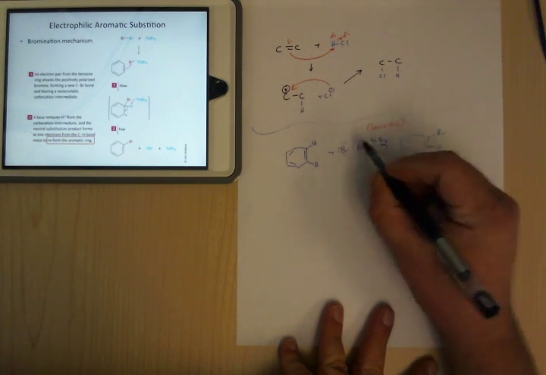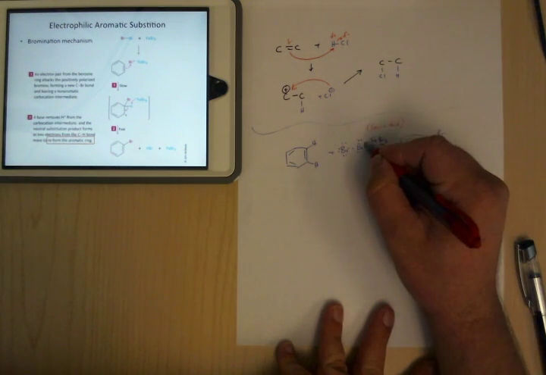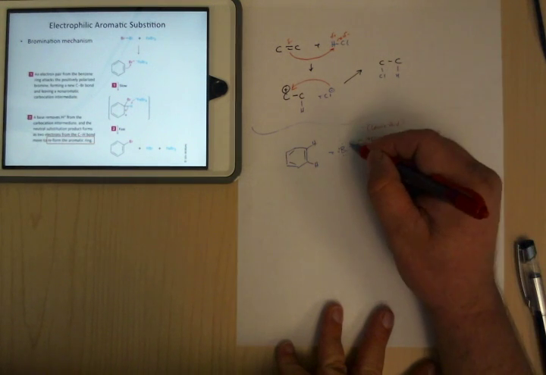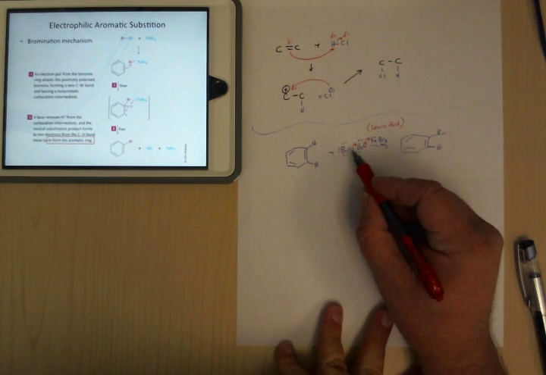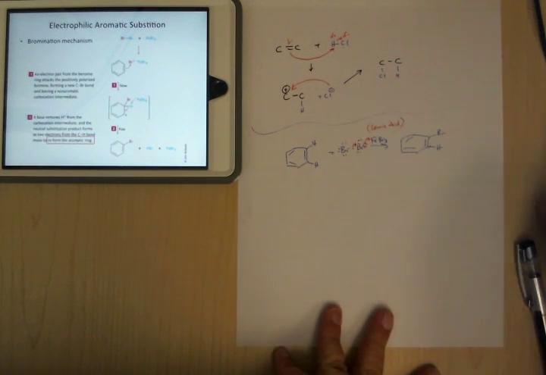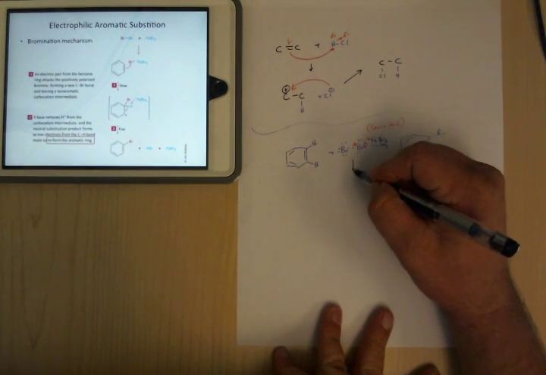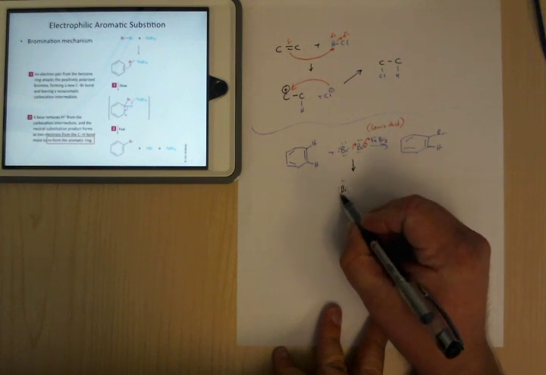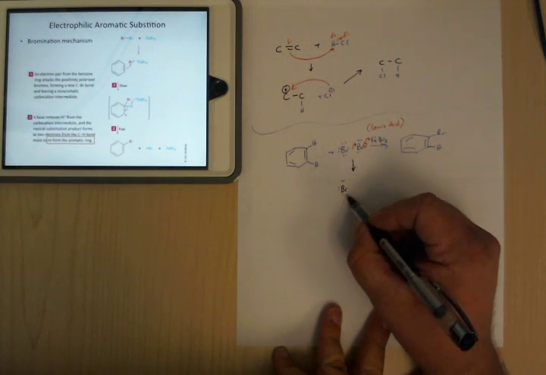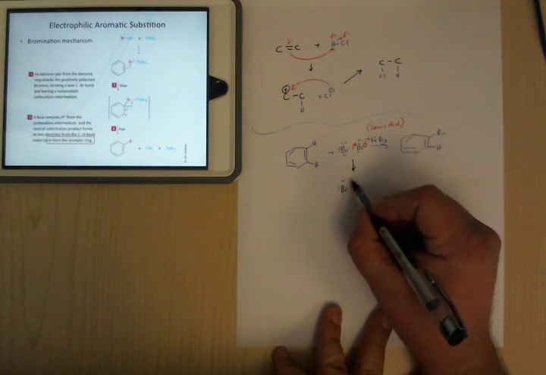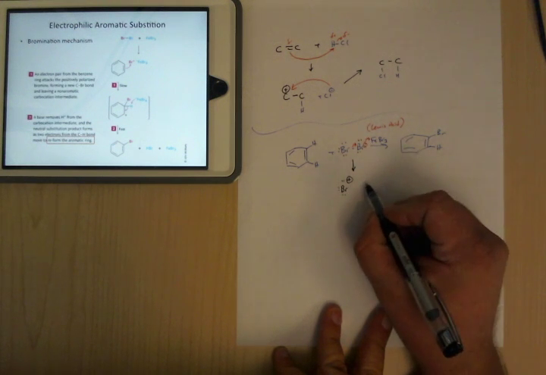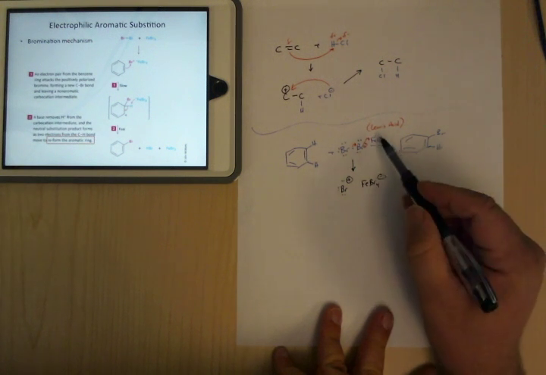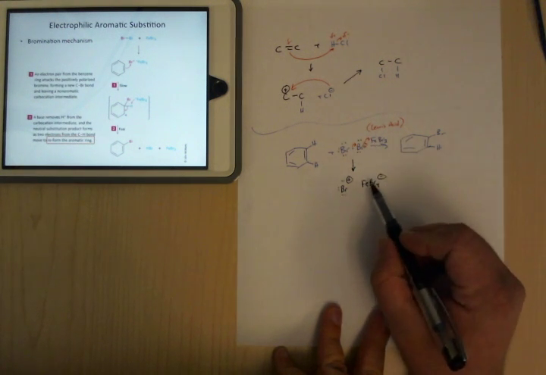So it takes one of these sets of lone pairs and moves it there, but in doing so it actually pulls the 2 electrons onto this bromine to make this intermediate here, Br. And since it only has 3 sets of lone pairs, you end up getting a plus charge, plus FeBr4 minus. So you end up making this charge.